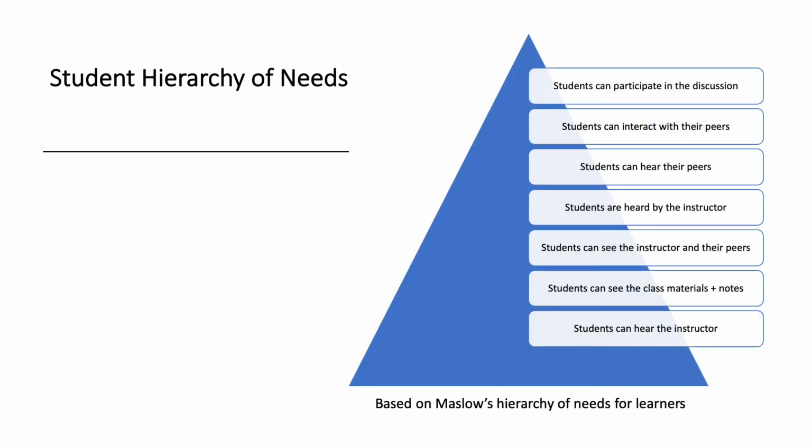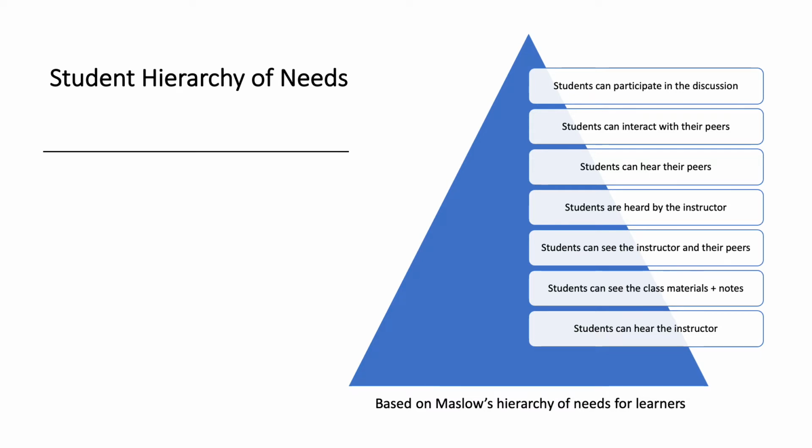So before we get into the nitty-gritty of things, I wanted to share with you this student hierarchy of needs, which is based on Maslow's hierarchy of needs for learners. And if you take a look at the base of the pyramid, you see that students need to hear the instructor.